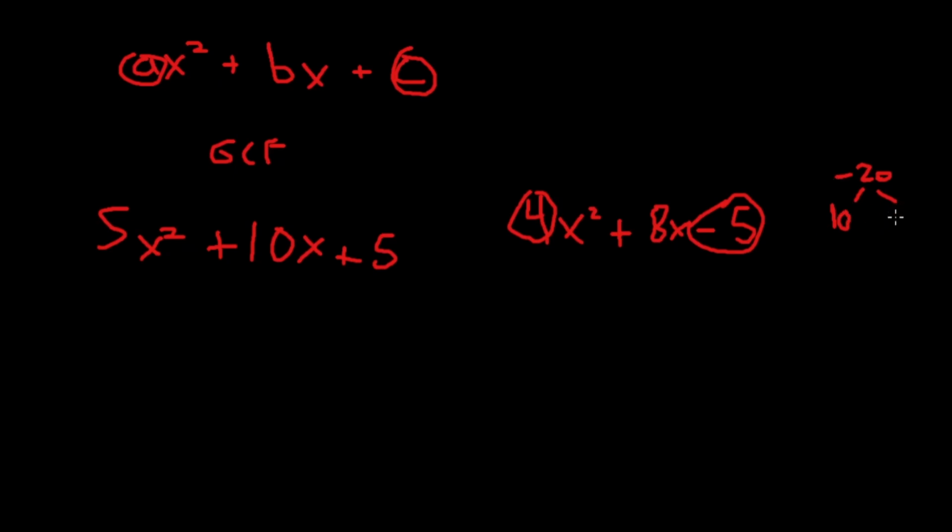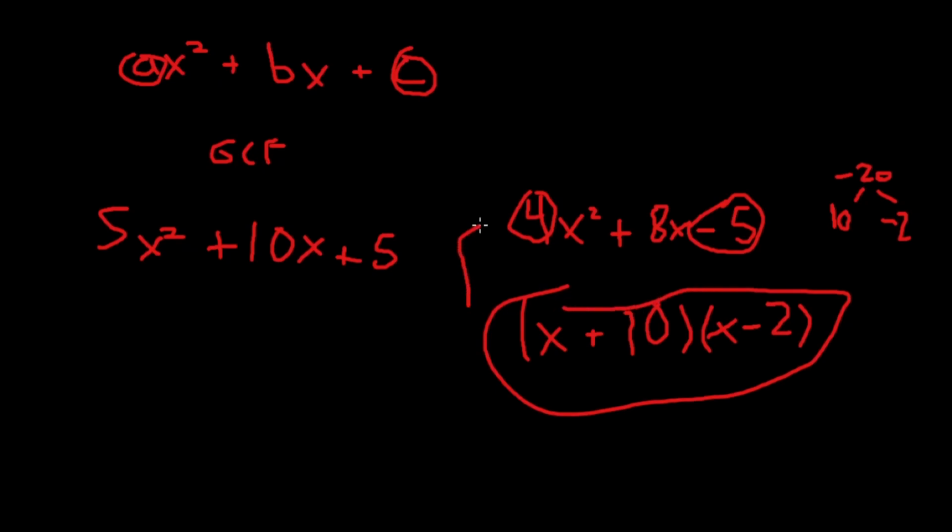Okay, so sometimes you will find numbers, right? And you'll be like, aha. 10 and negative 2. Negative 2 times 10 multiplies to negative 20. And 10 minus 2 is 8. So we're like, nice. We did it. But remember, because A is not 1, this is not going to give us this.